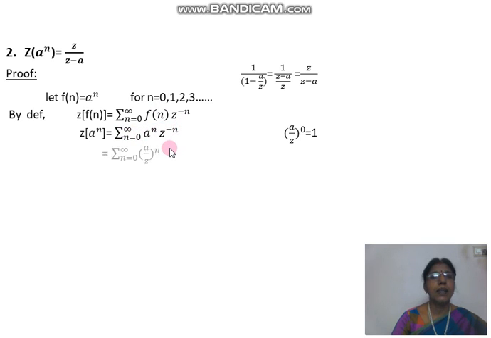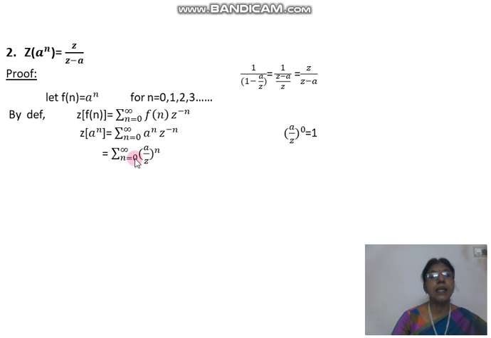Now it can be written as sigma n is equal to 0 to infinity. Z power minus n means 1 by z power n. A power n into 1 by z power n means a by z whole power n. Now you expand this series. Sigma means sum of the series.